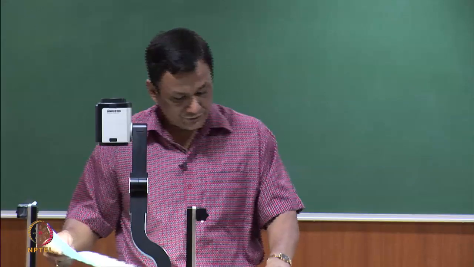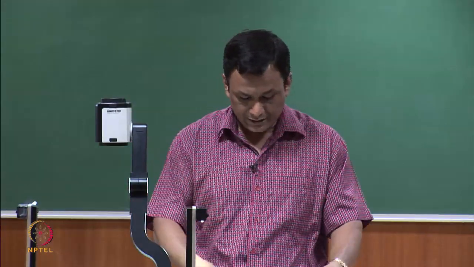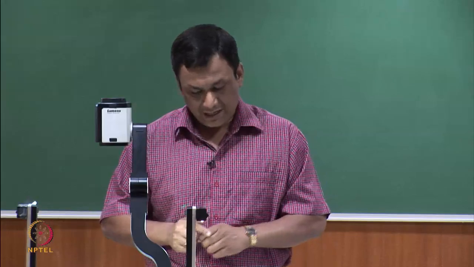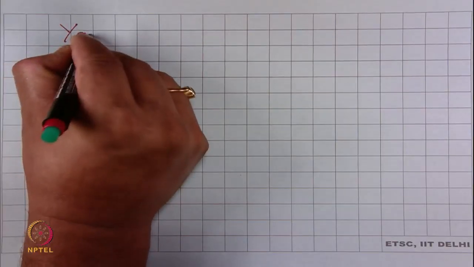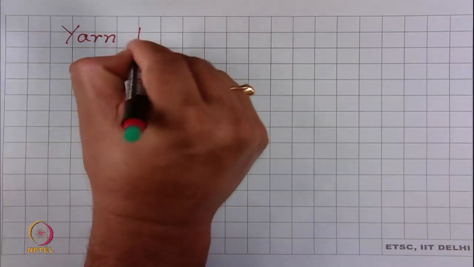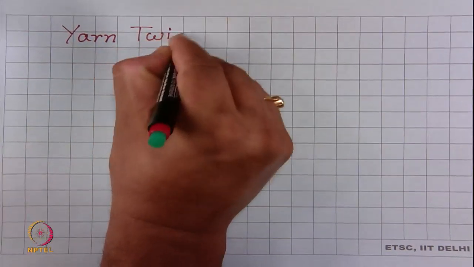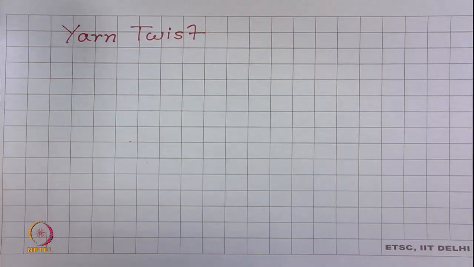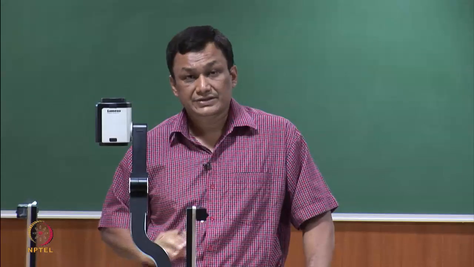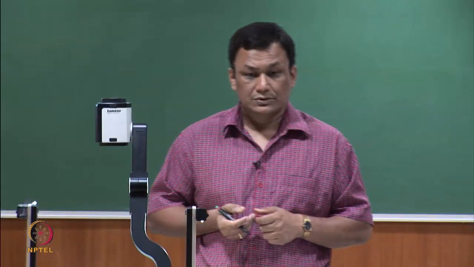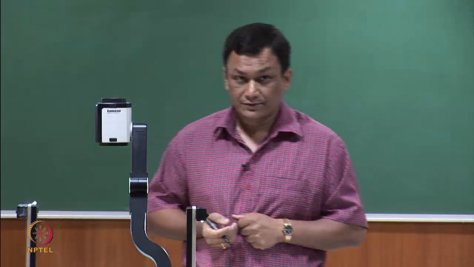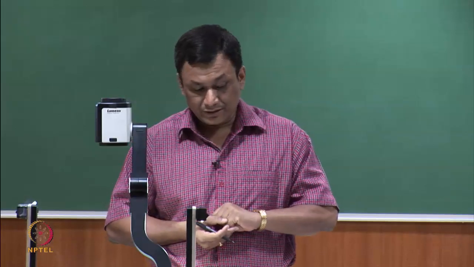Now, we will proceed to yarn twist, another important characteristic of yarn. As known, the traditional staple yarns are strengthened by means of twisting, although too much twist is not good from mechanical point of view of yarn.